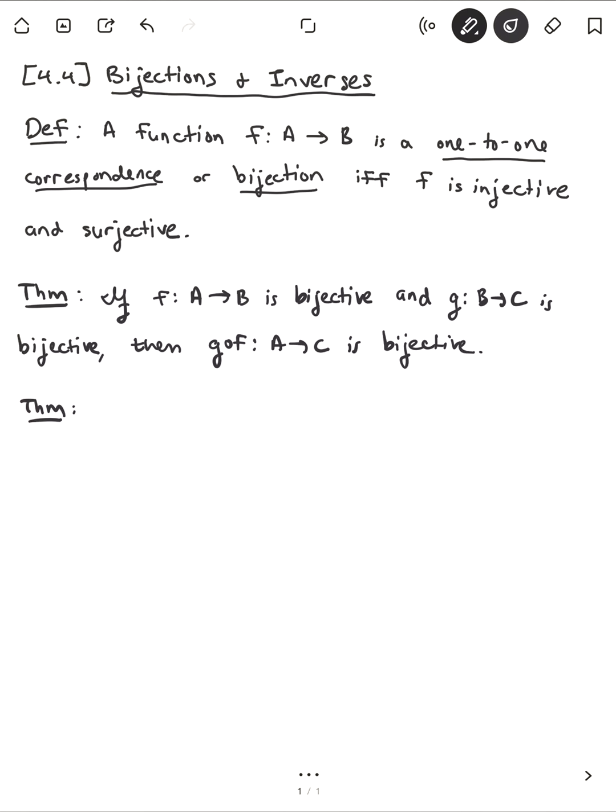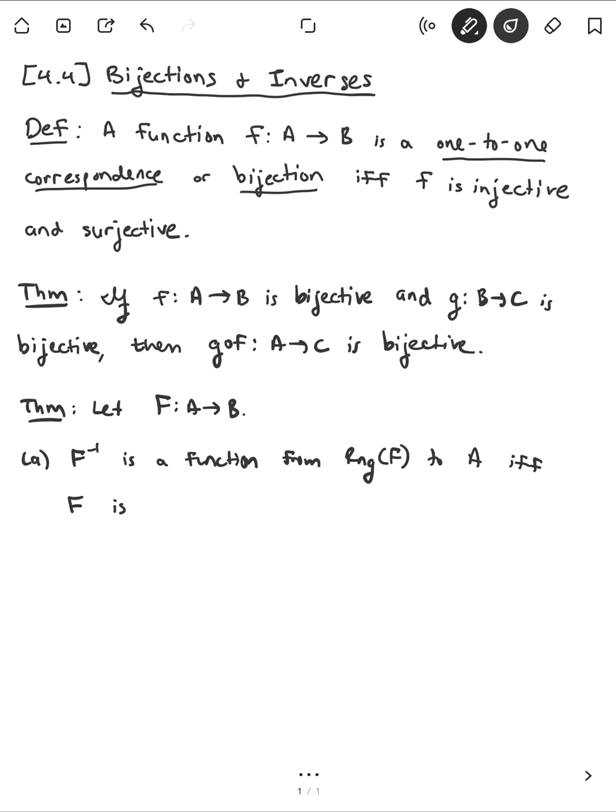So theorem. Let f be a function from A to B. Part A of this theorem says f inverse is a function from the range of f to A if and only if f is injective.